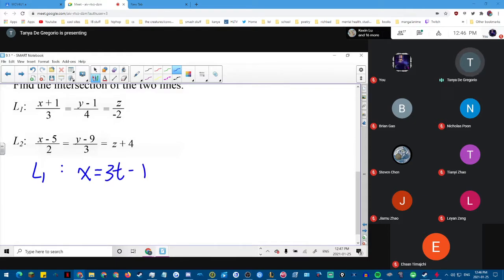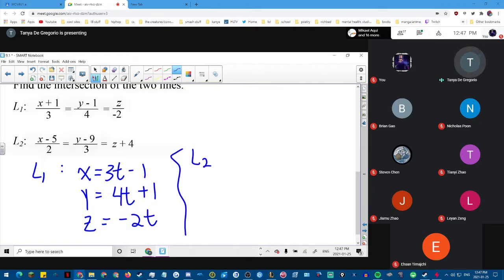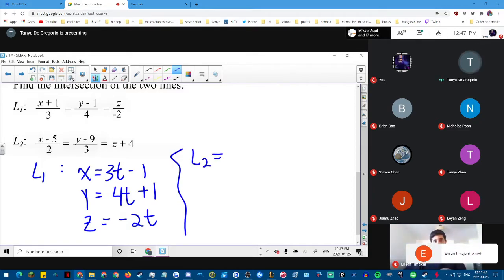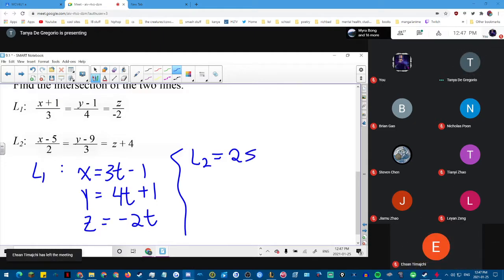So I get x equals 3t minus 1, y equals 4t plus 1, and z equals -2t. That's my line 1. And we're going to do the same for line 2. And so I have x equals 2s plus 5.